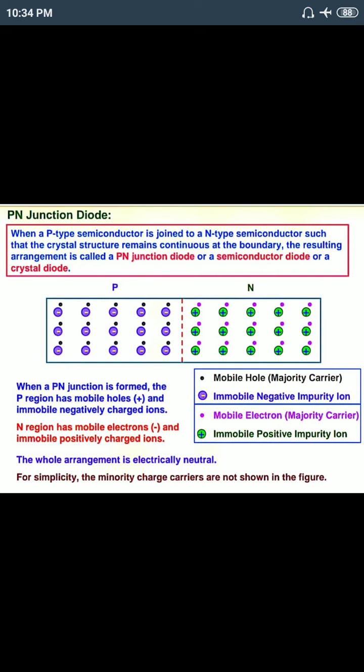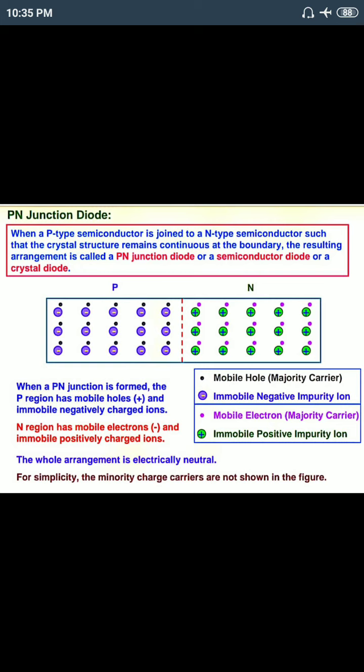Whenever the p-n junction diode is formed, two processes are there. One is the diffusion process and the other is the drift process. Diffusion process is always for majority carriers, but the drift process is for the minority carriers. So whenever these two are joined together and the junction is formed, the diffusion process takes place as well as the drift, because the p side minority carriers are negative and the n side minority carriers are holes.